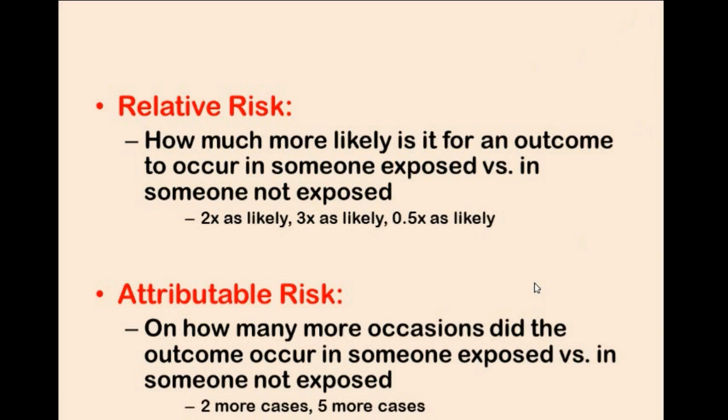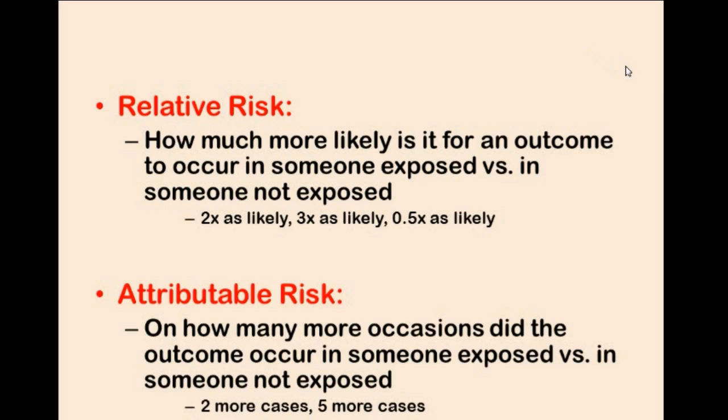Attributable risk is when you ask yourself on how many more occasions did the outcome occur in someone exposed versus in someone not exposed. So in this, you're looking physically at the number of cases that you had in the ones who were exposed versus the ones who were unexposed. So in this case, since we had 70 people who developed lung cancer versus the 10 people who developed lung cancer in the non-smokers, we could say that we had 60 more cases.